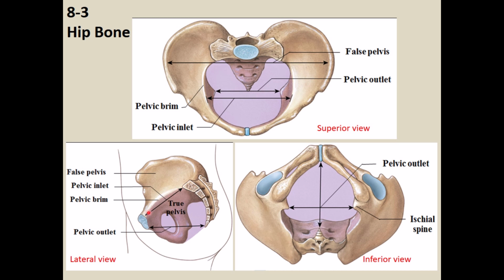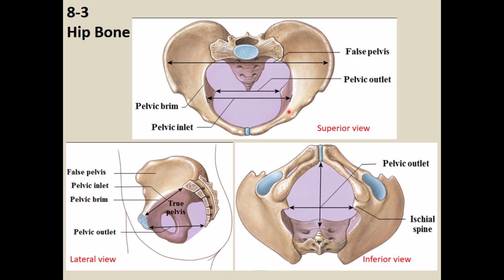So above this line, this is the false pelvis. Below this line, this is the true pelvis. And the lower part of the true pelvis is here, between the lower edge of the pubic symphysis all the way to the coccyx. And this area that you see, this is the pelvic inlet.